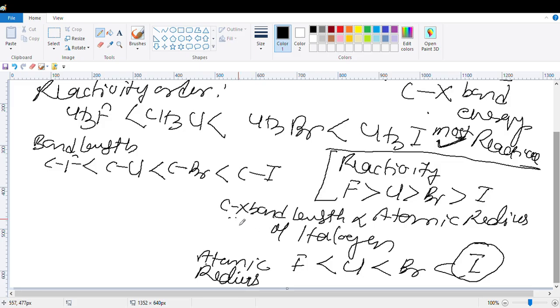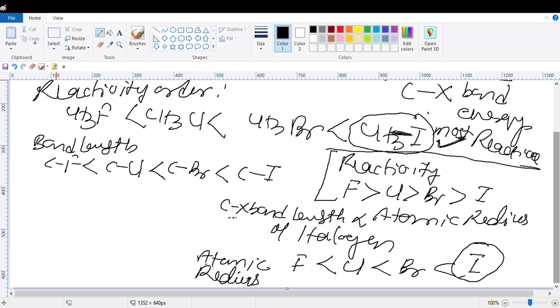Reactivity of alkyl halide only depends on bond length. Longer bond, less bond energy, more reactive. And the C-I bond is the longest bond, weakest bond and will have the lowest bond energy. That's why CH3I will be the most reactive alkyl halide. Clear everybody?